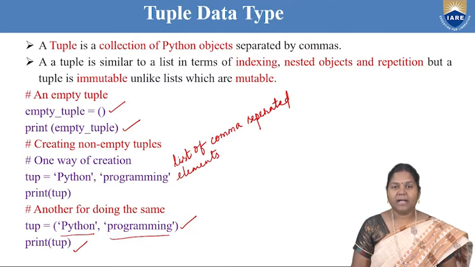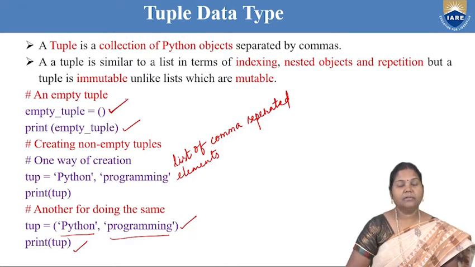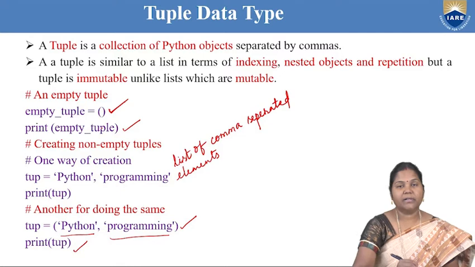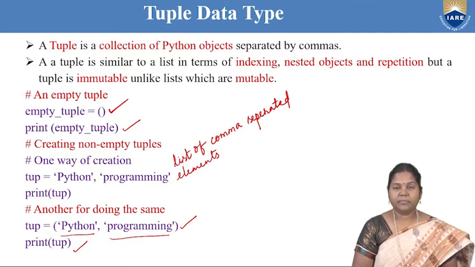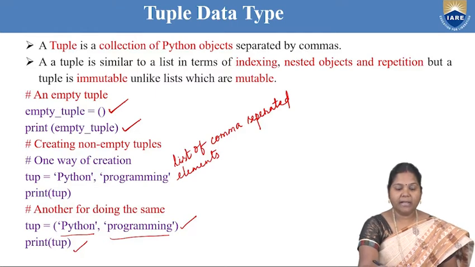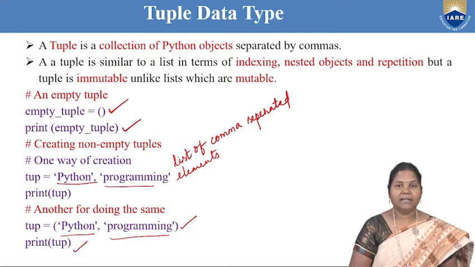Now, let us first understand how to create an empty tuple. You write a tuple name equal to open brace and close brace. This way it will create an empty tuple. Second, if you write a list of comma separated values, then it is treated to be a tuple in Python.